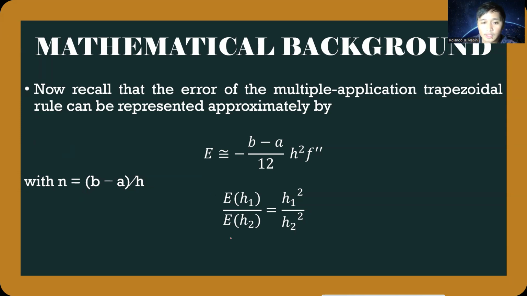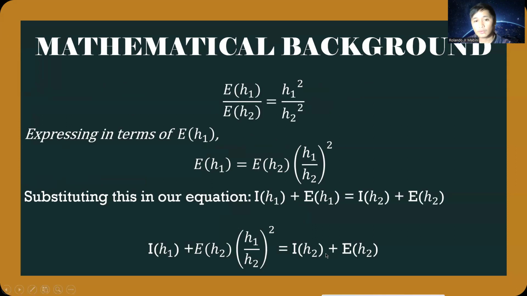And we have this term, E of h1 over E of h2 is equal to h1 squared over h2 squared. By this relationship, we will arrive at the same equation that we arrived at earlier.